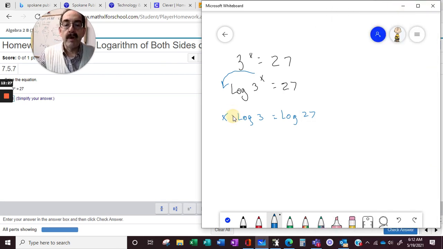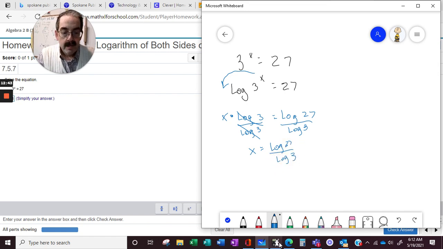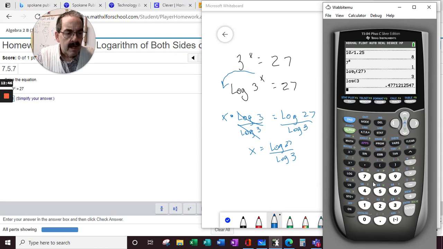How do you get rid of a multiplication? Divide by log 3. So log 27 divided by log 3 is our answer. Grab a calculator and with log 27 close parenthesis divided by log 3 close parenthesis, we get an answer of 3.